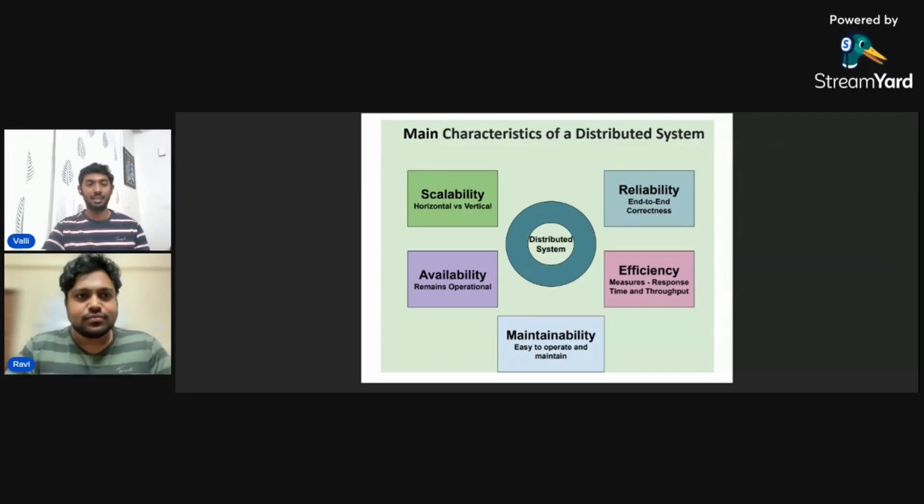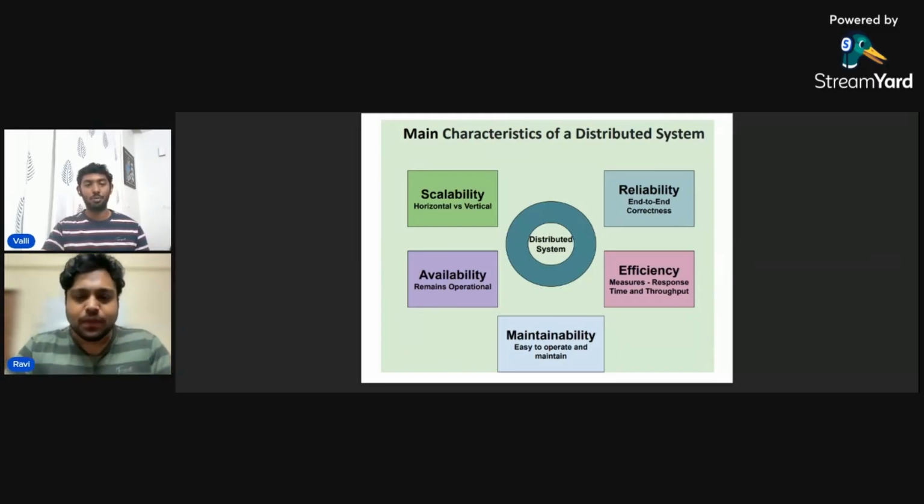Let's consider we are running a task in a distributed manner and it is giving a list of items as the response. How long it takes to deliver your first item is your response time, the latency, and how many items it returns, the volume, we can call throughput. But throughput is always measured in a time unit, so we can say in seconds or milliseconds, whatever time unit you are considering.